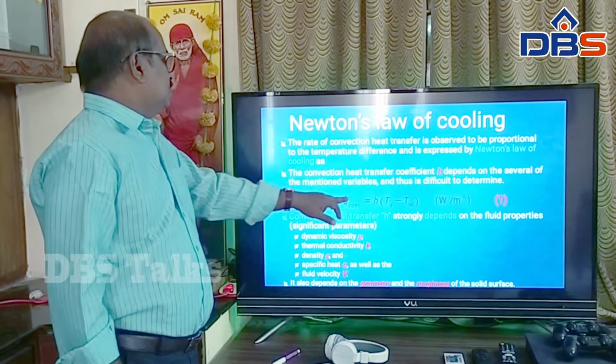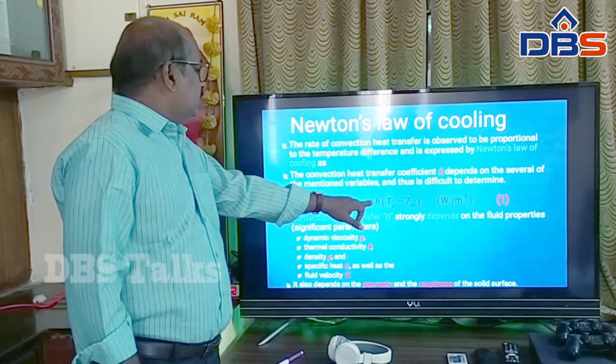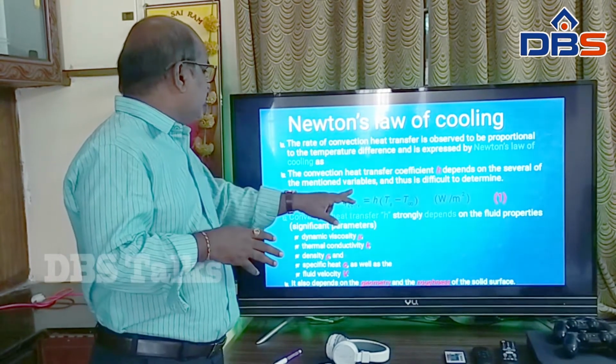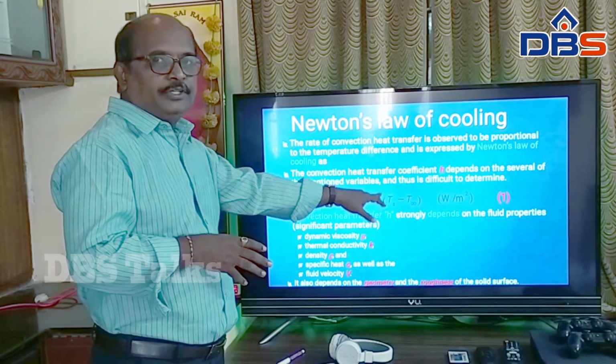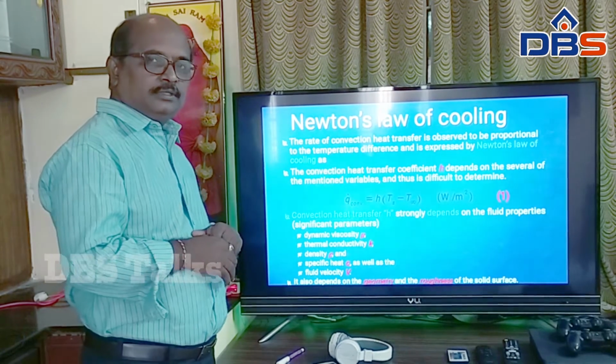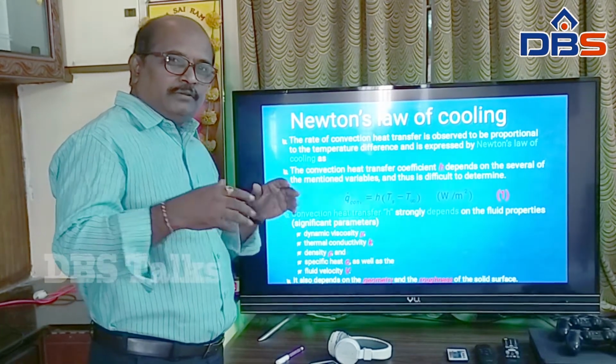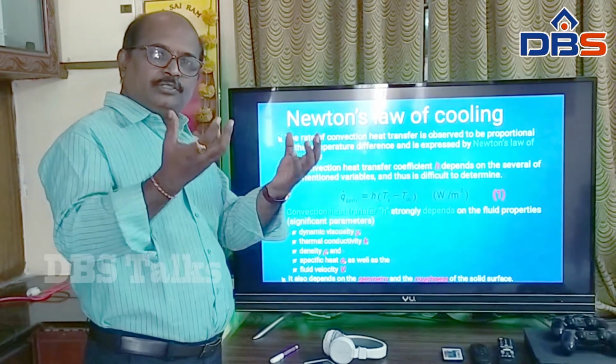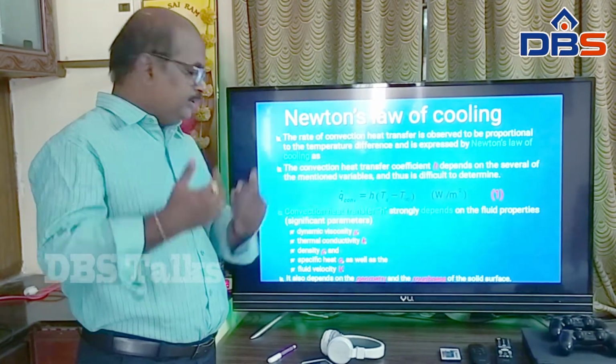In convective heat transfer calculation, the heat transfer mostly depends upon the convective heat transfer coefficient. If the convective heat transfer coefficient is more, there will be more heat transfer. If it is less, there will be less heat transfer.